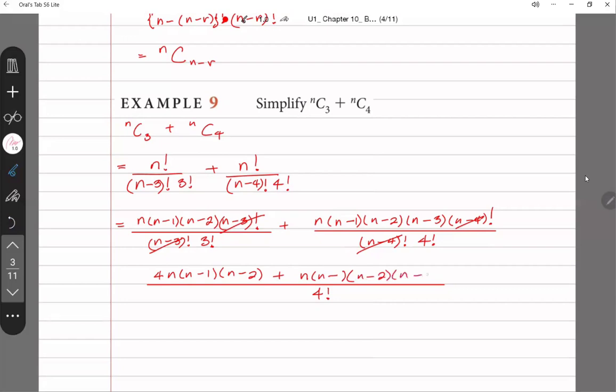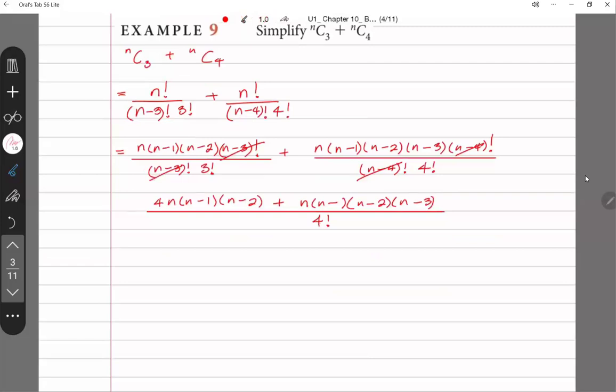I'm sure that there are other ways you could have done this. Now common in the numerator is n into (n minus 1), (n minus 2). If you factor that out, I'm left with 4 plus n minus 3, and this is over 4 factorial.